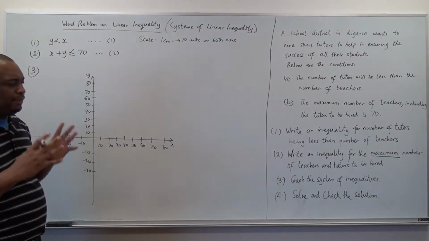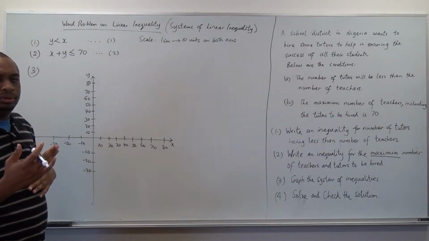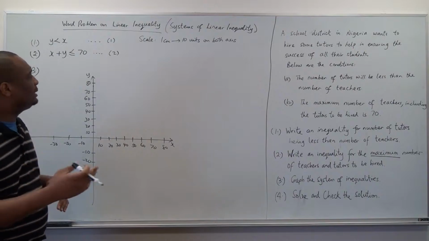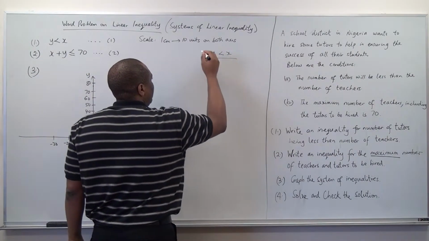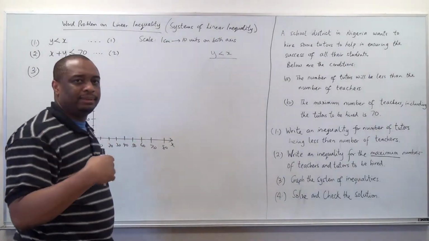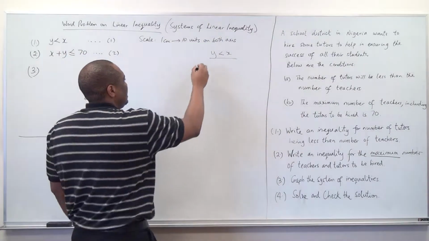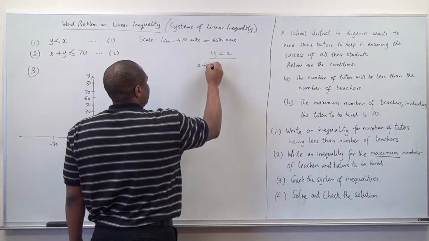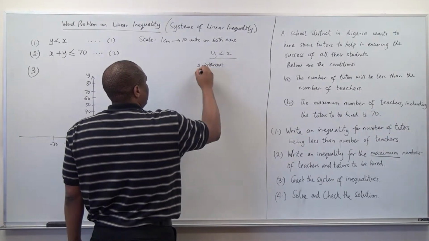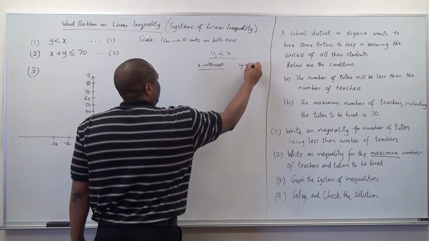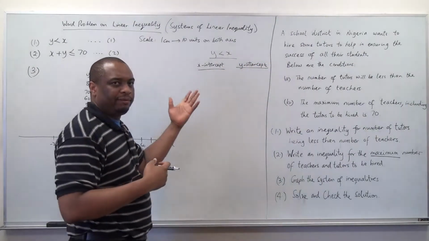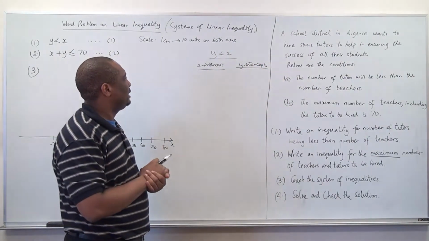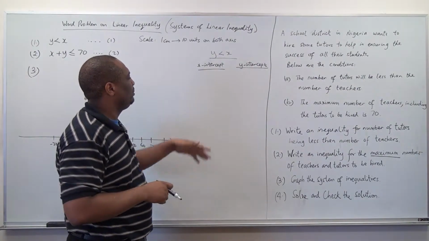This means, like you would do when you graph inequalities, if you have the x-intercept and the y-intercept, please, you need to view my earlier videos on graphing inequality so you can understand this one. You'll see that this will be 0, 0.